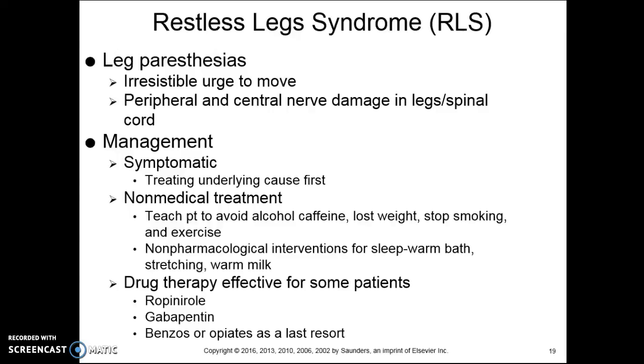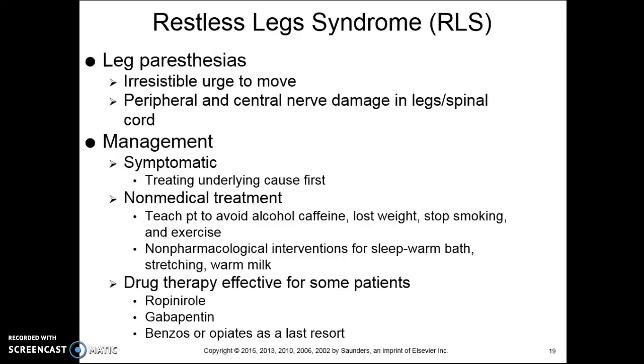So for non-medical treatment that I can teach the patient, I can teach them to avoid alcohol and caffeine, lose weight, stop smoking, and exercise, and use non-pharmacological interventions for sleep, like a warm bath, stretching, and warm milk. We talked about all of that in class the other day. Same types of things here because RLS typically happens at nighttime. This is when people lay down to go to sleep and their legs just won't move.